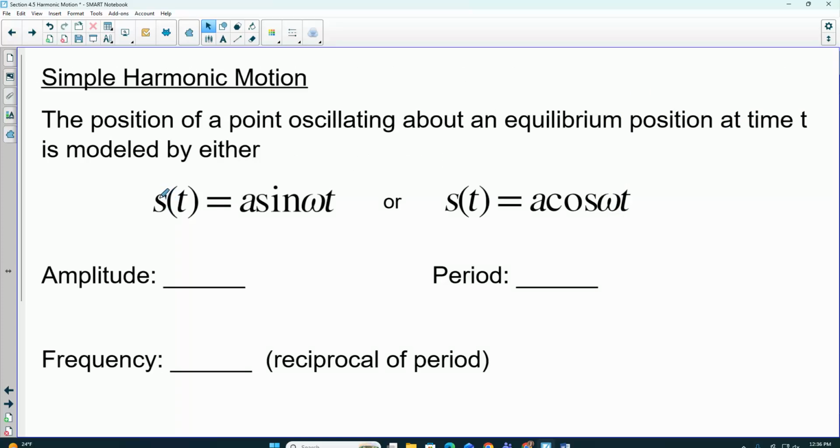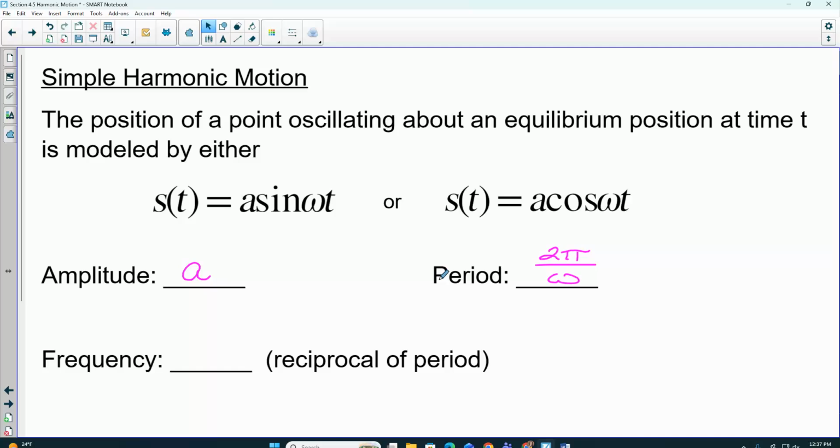We're just talking about the most basic, simple harmonic motion, so only dealing with sines and cosines. We know that amplitude is just the number in front, the A. The period is how long it takes to repeat. How do we find the period for sine and cosine? 2 pi over b, which in this case they used omega. It's just the variable they typically use here, the same thing as having a b. The only difference is frequency.